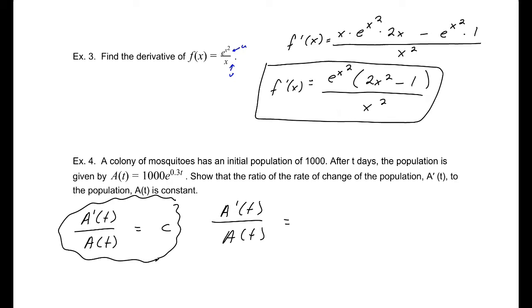Right, so that would be 300 e to the 0.3 t divided by 1,000 e to the 0.3 t, which is 3/10, 0.3. So, is that in fact a constant? Yes, it is.